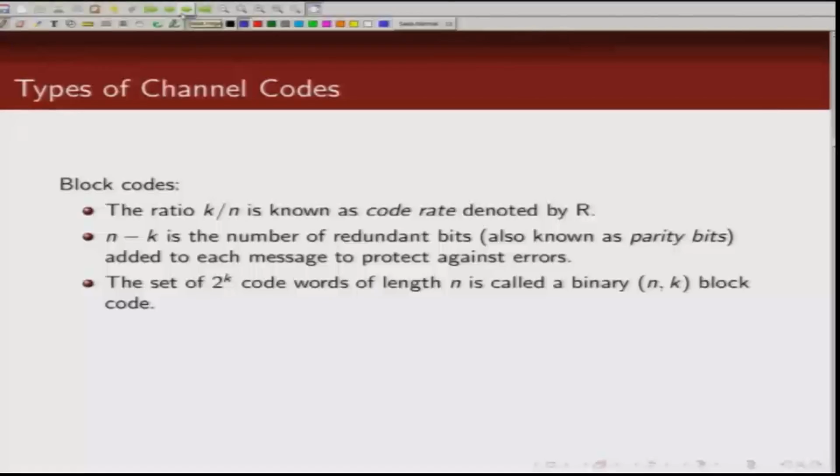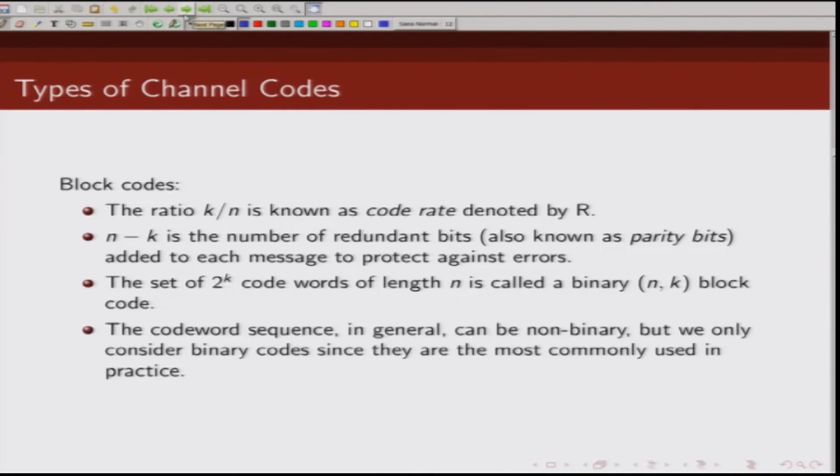So a binary (n,k) block code consists of 2^k code words, each of length n. These code words need not be binary, and the same theory mostly applies to non-binary code words as well, but we will restrict our discussion to binary code words.